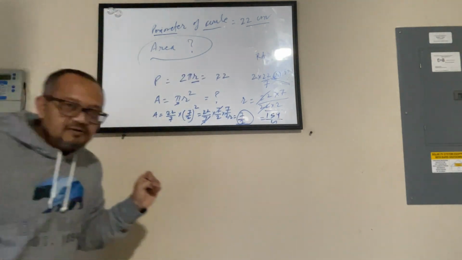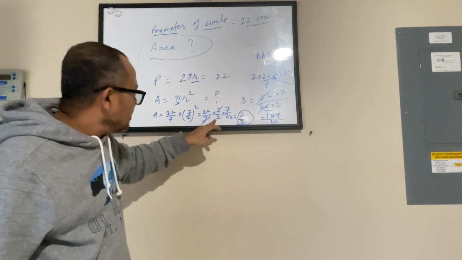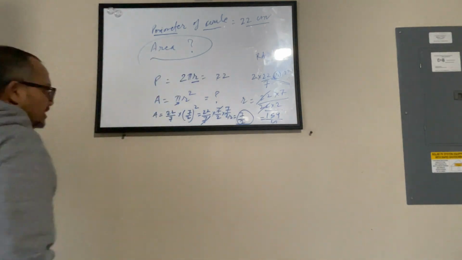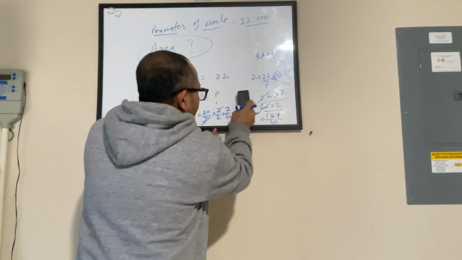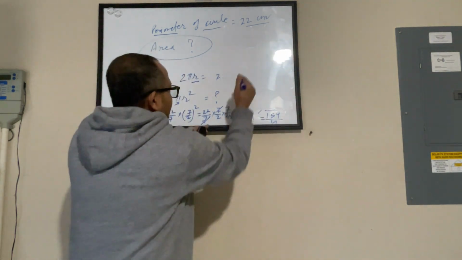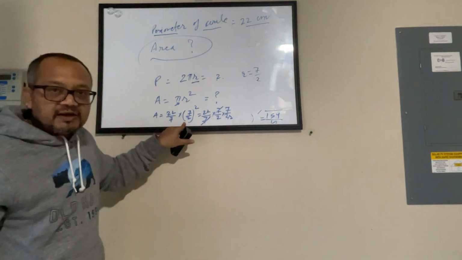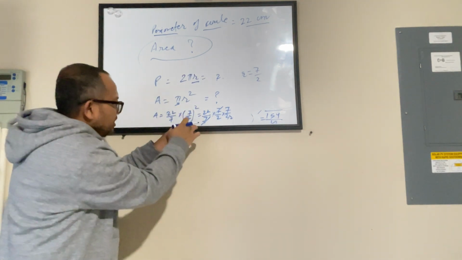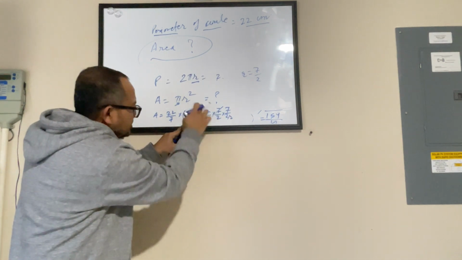Wait, what was your 7 over 2? At the end, I said, no, not 7 by 2. I kind of mixed up a lot of things here. From this calculation, my value of radius came as 7 by 2. Now I'm just substituting the value of radius in this formula: pi times r squared, 7 by 2, 7 by 2.